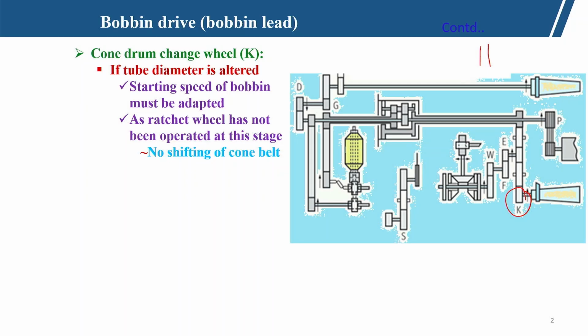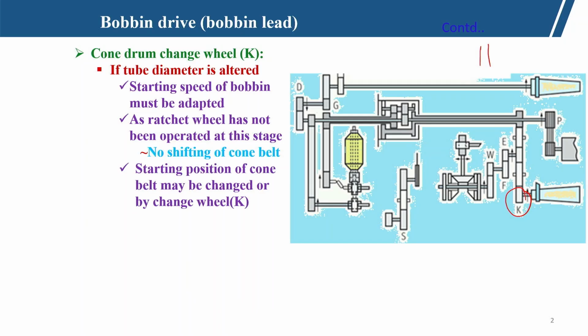Ratchet wheel will be activated and cone drum belt will shift, but in the first layer nothing has happened. So, starting position of cone belt may be changed, to adapt to the change of the bobbin size, or if we do not want to shift the cone belt in the first stage manually, we can change this change wheel K.